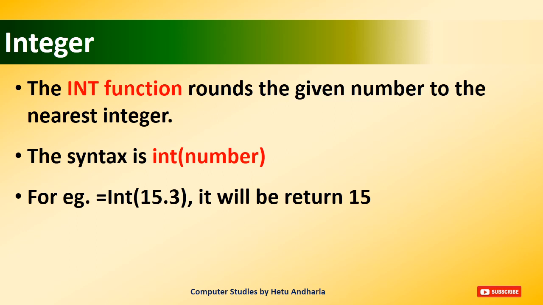Now the INT function rounds the given number down to an integer. The syntax is INT, in brackets, a number or any cell in which you have stored a number with a decimal point. For example, INT(15.3) will return 15.